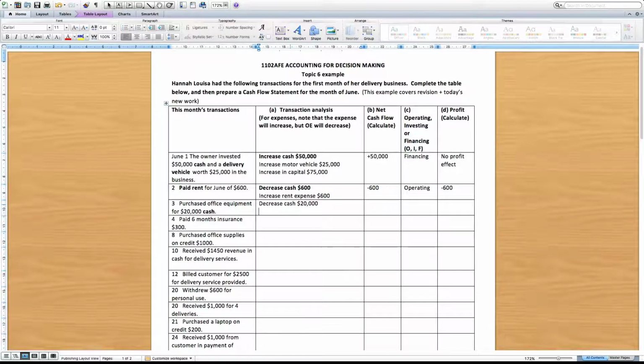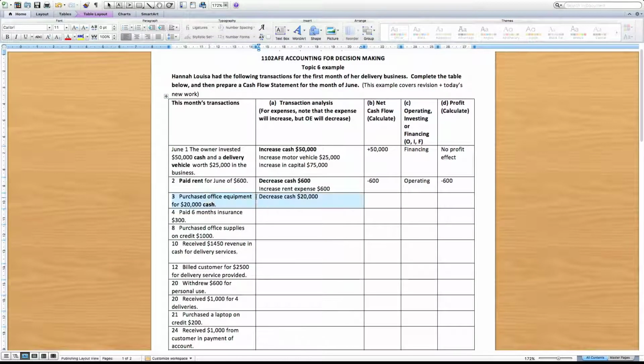Our second item here, what did we buy? Well, we purchased office equipment. So when we buy office equipment, that means we get more of the office equipment. So we increase office equipment by $20,000.